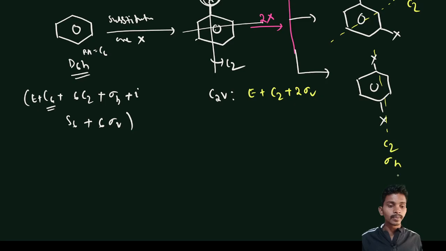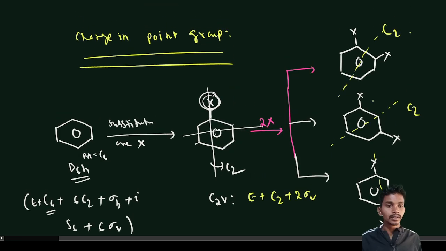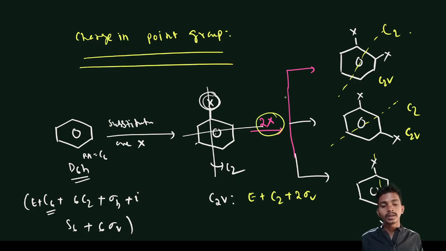So C2 perpendicular to the other C2s, and here the point group changes to D2H. Here the point group is C2v, here the point group is C2v. So if you replace with two halogens, it is changing.